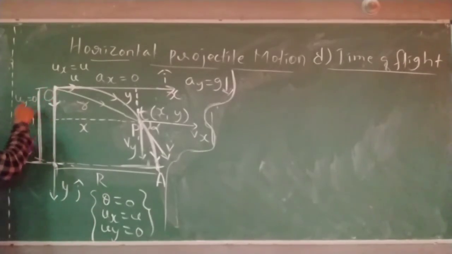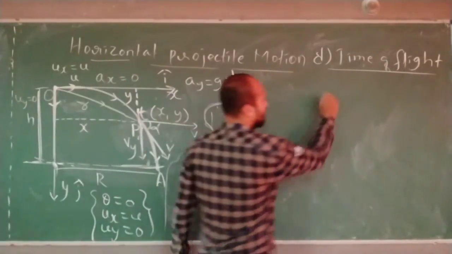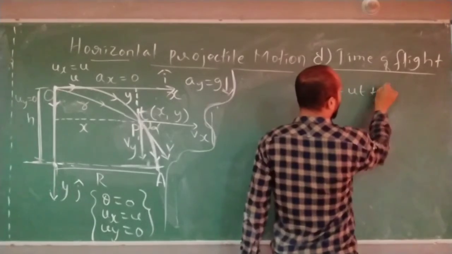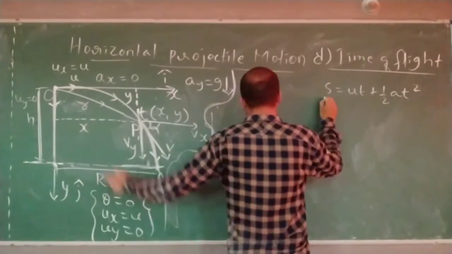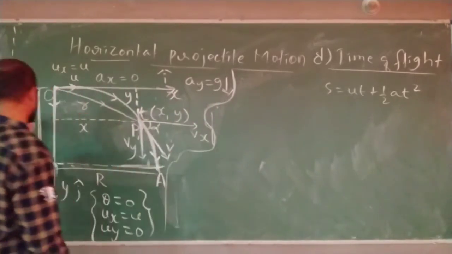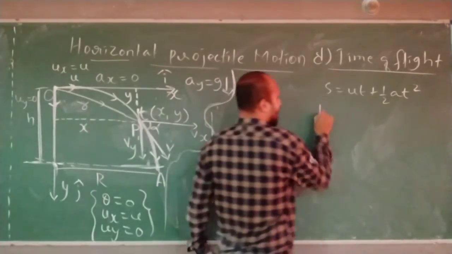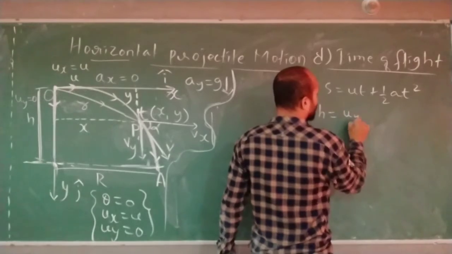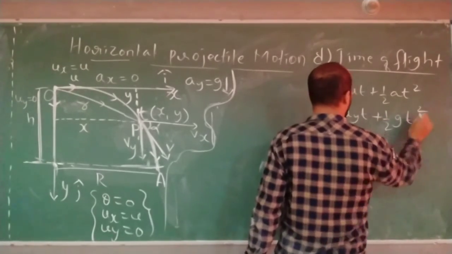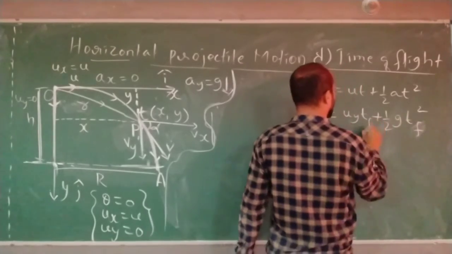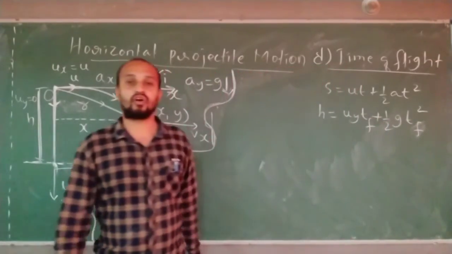So along y, using s is equal to ut plus half at square. Observe along y, this will become h. h is equal to uy t plus half g tf square, where tf is the total time of flight.